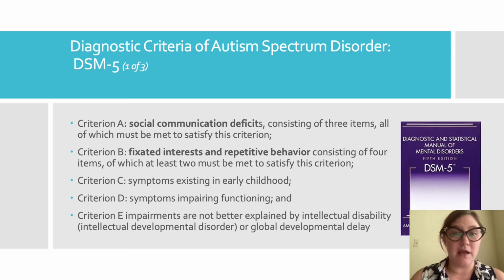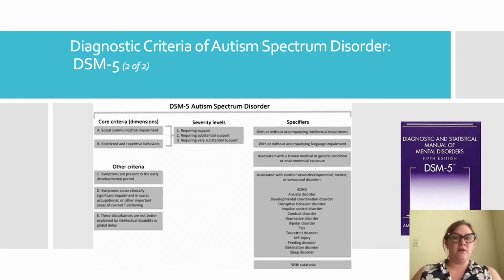It has to impair adaptive functioning, and it can't be better explained by intellectual disability or global developmental delay or any other condition. So this is another way to look at and conceptualize diagnostic criteria of autism from the DSM-5.